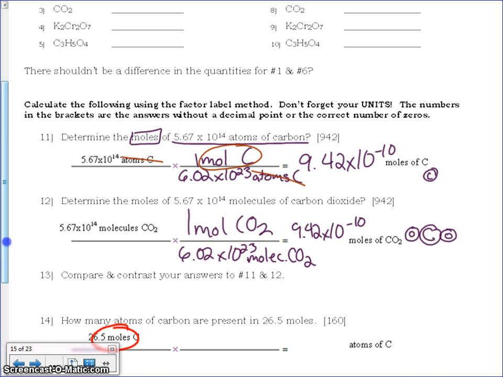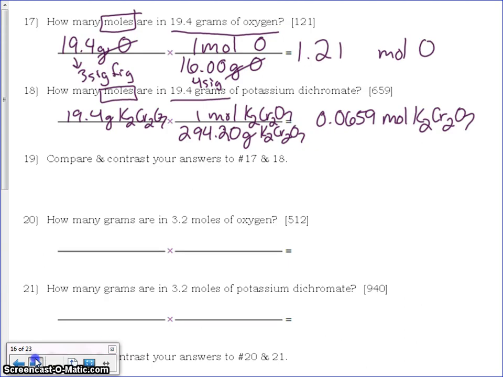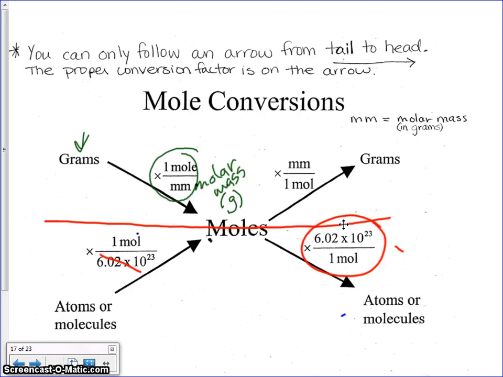Now, sometimes it is nice to have a hint or a helpful tool to decide what that conversion factor, that fraction, should look like. The chart that is in your notes is a way to help with that. If I was going to look at how to use this chart, I care about the end of the arrow and the point. Whatever is my starting unit is going to be at the end of the arrow.